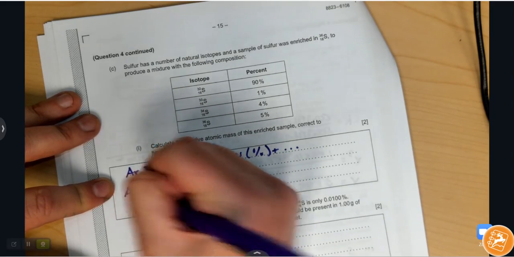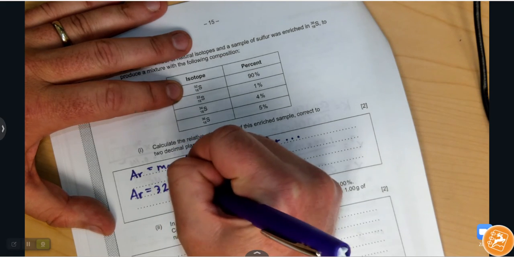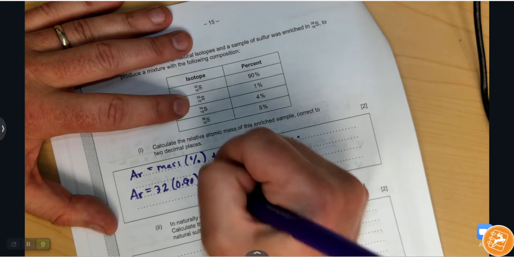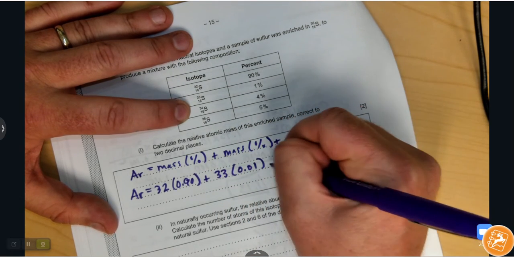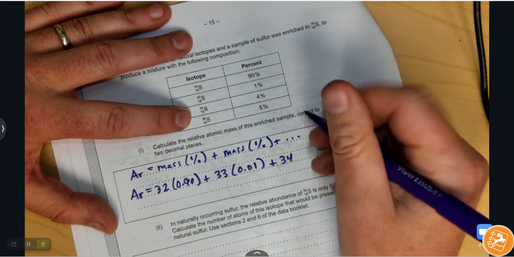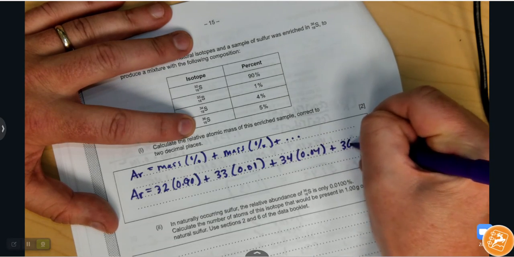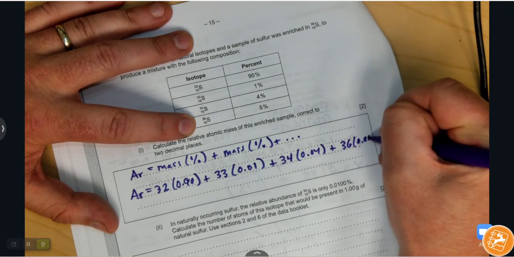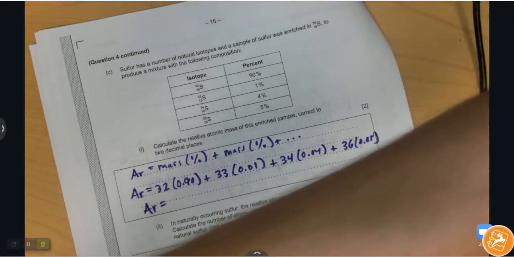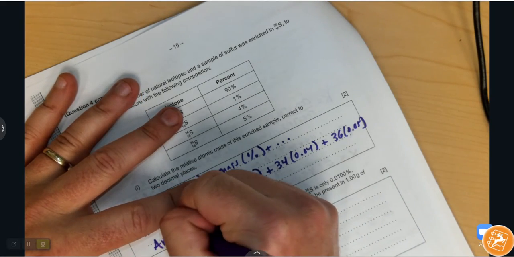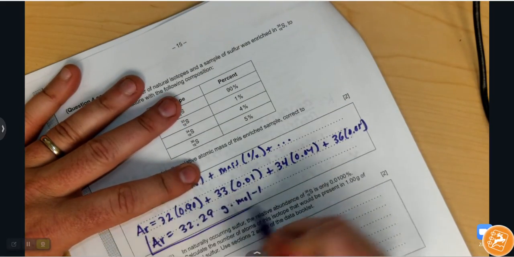So when we set that up here, it's going to be the first isotope, which is 32, times its abundance, which is 0.90, plus sulfur 33 times its abundance, which is 0.01, plus sulfur 34, which has a mass of 34, times its abundance, which is 0.04, plus sulfur 36 times its abundance, which is 0.05. When you punch all these values into your calculator, you get 32.29 grams per mole.